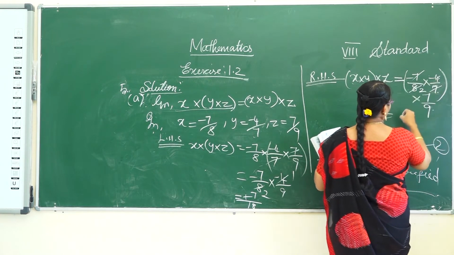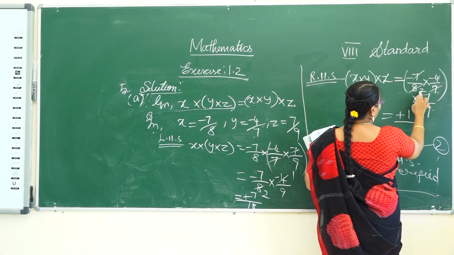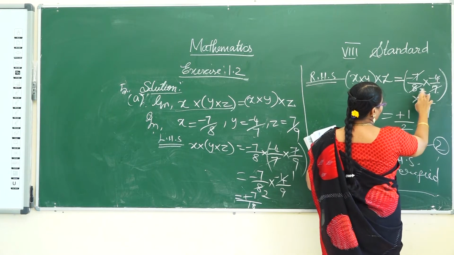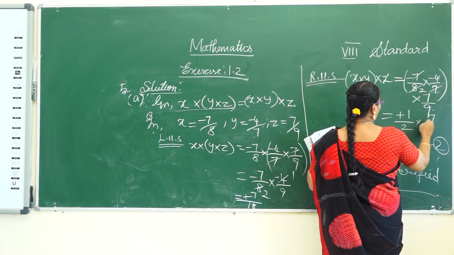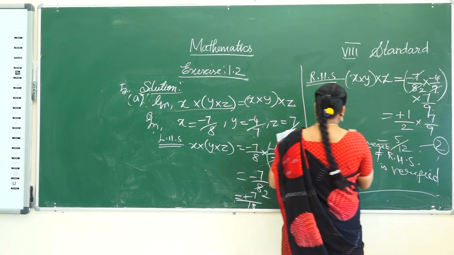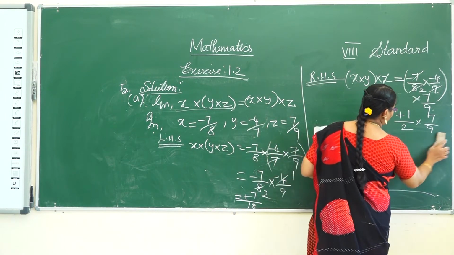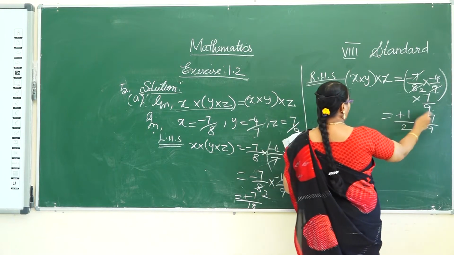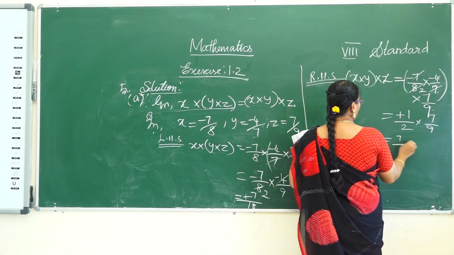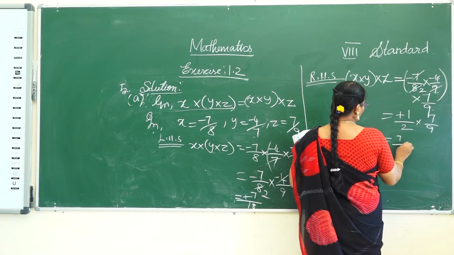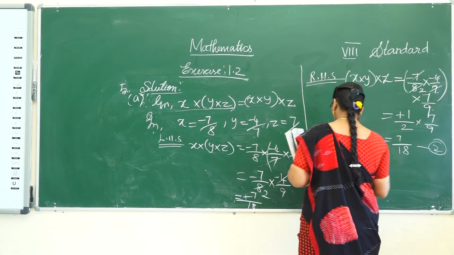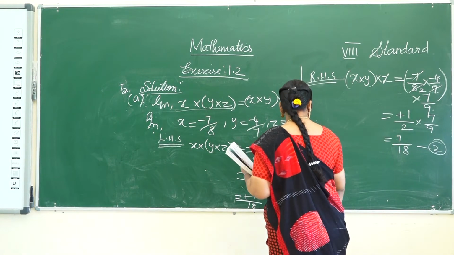So minus into minus is plus, plus 1 by 2, into 7 by 9. Now multiply the numerators, 1 seven is 7, and the denominators, 2 nines are 18. So this equation is denoted by 2, and the earlier equation is denoted by 1.